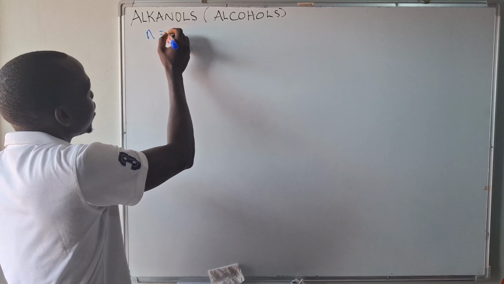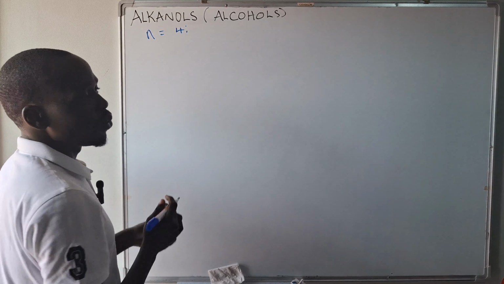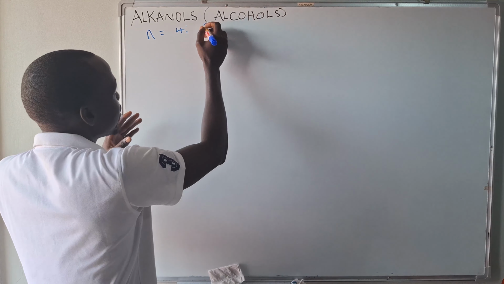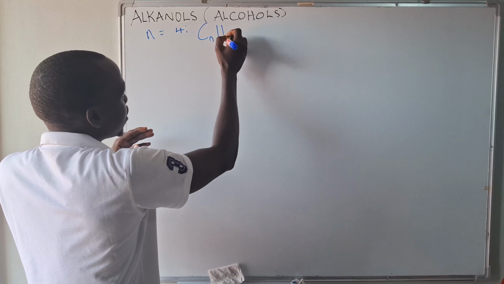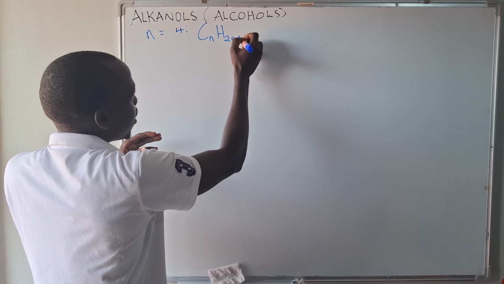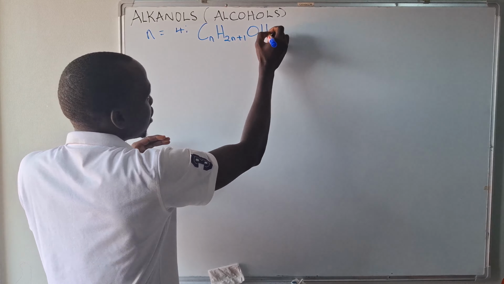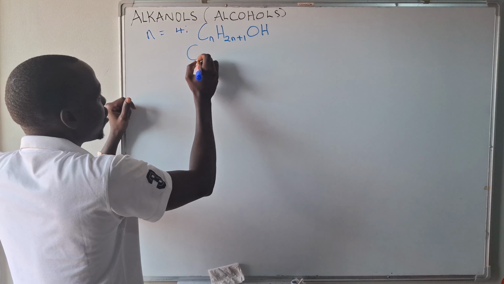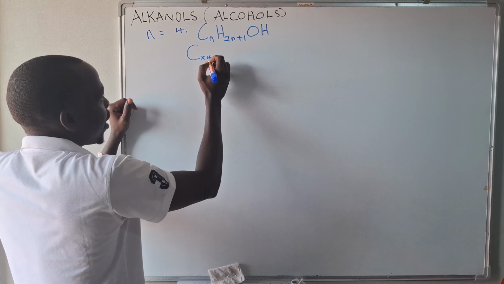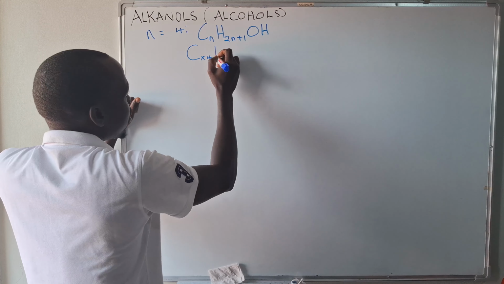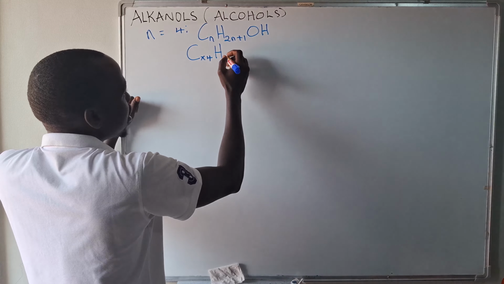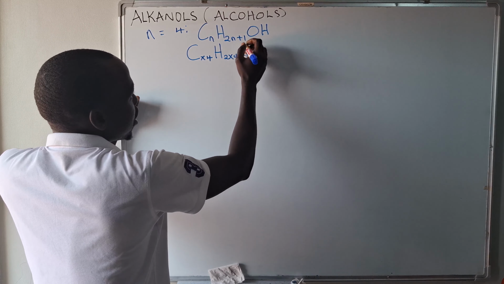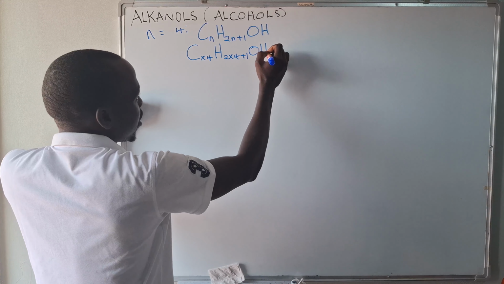If n is given to be 4, and we are told clearly that the general formula is given by something of this kind, so if n is equal to 4, I will say 4 C multiplied by 4, and I put my H, and I say 2 times 4 plus 1, OH.